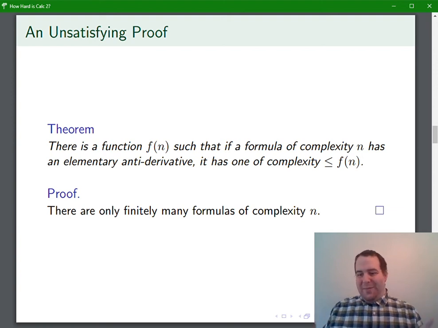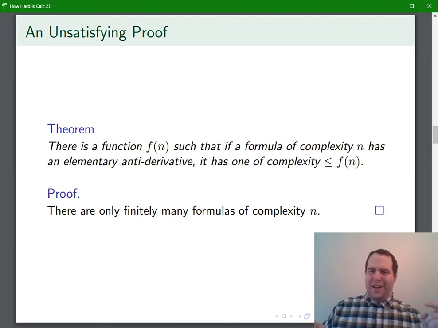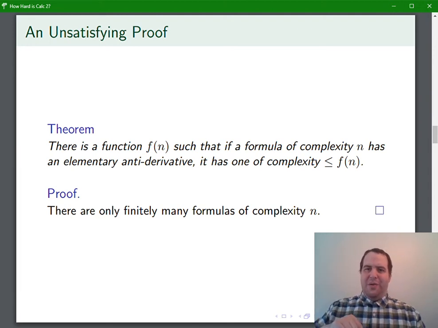So this is kind of silly, right? Because we want to know how far we have to search, and in order to find out how far we have to search, we actually have to solve all instances of the problem of complexity n. This is kind of like a cheap math cheat at the problem.